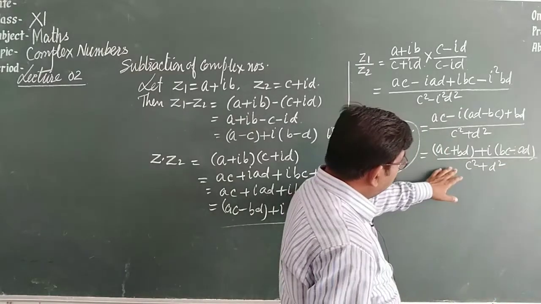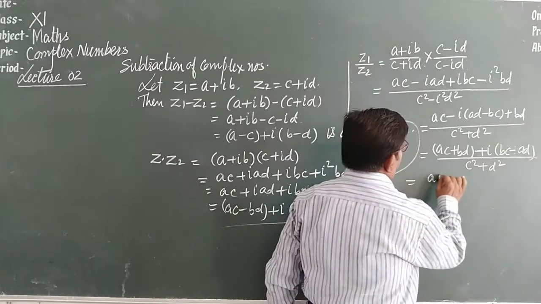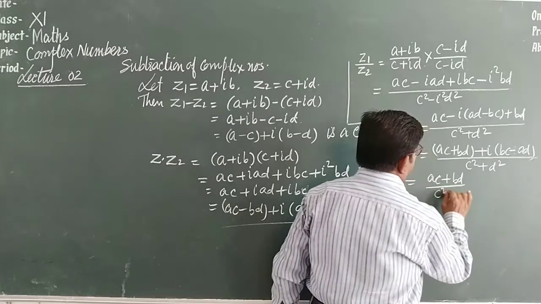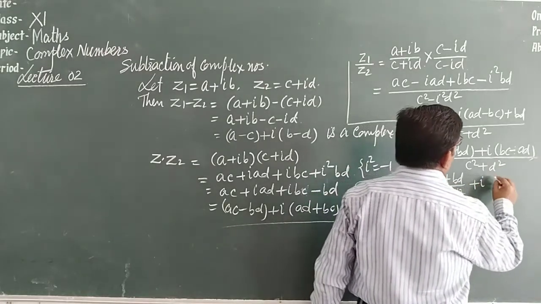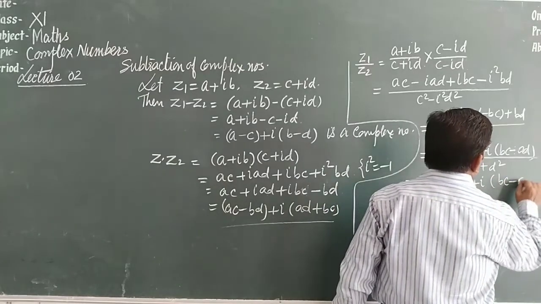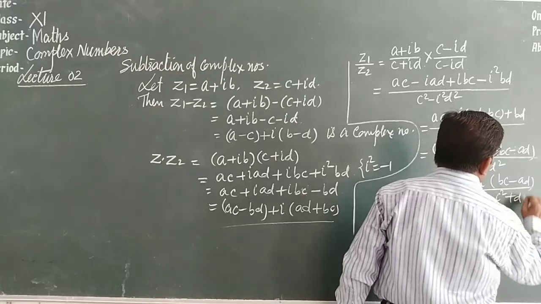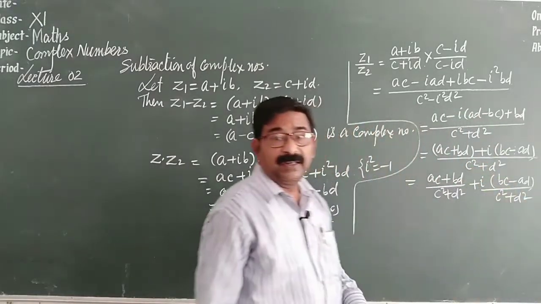Now divide this in two terms. We have ac plus bd upon c square plus d square plus i times of bc minus ad upon c square plus d square. Again, this is the real part and this one is the imaginary part.